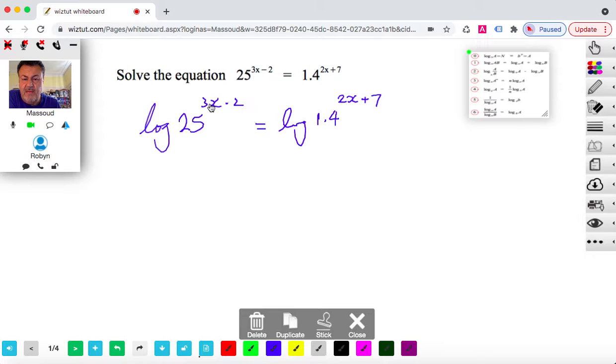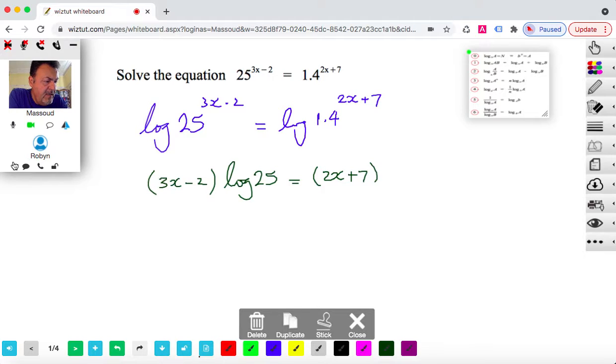So that's the power, so that we don't forget that the power is going to become a coefficient. I'll put it in a bracket, so that would be log 25 times (3x minus 2), and that's equal to, then the power again written in a bracket, log of 1.4 times (2x plus 7).